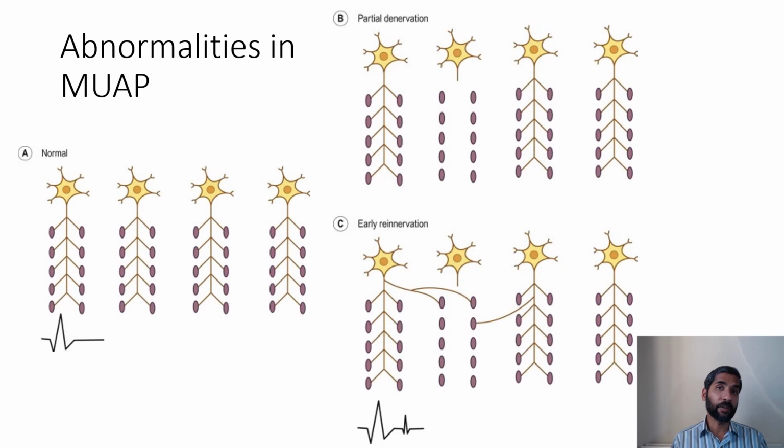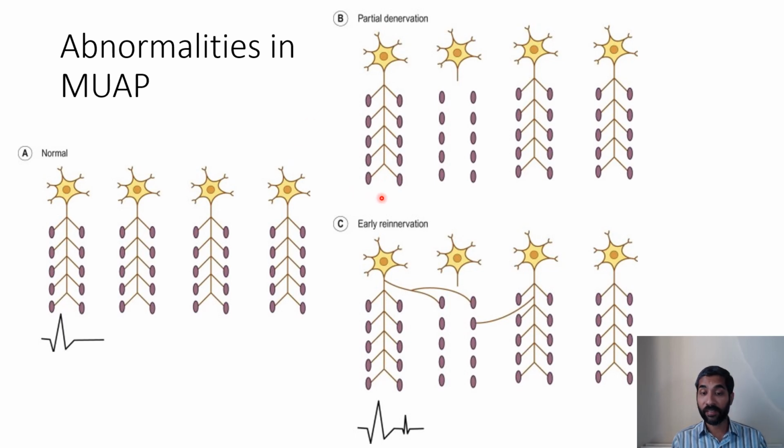Now, what kind of abnormalities can happen? Imagine that there are 4 motor units in a muscle, and these 4 motor neurons are bringing in the signals, and everything is fine. So you get an MUAP like this, right? But what happens if there is partial denervation? That is, one of the motor neurons has been disconnected from the muscle.